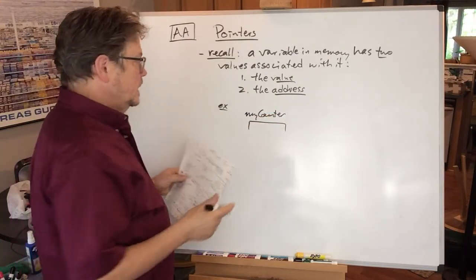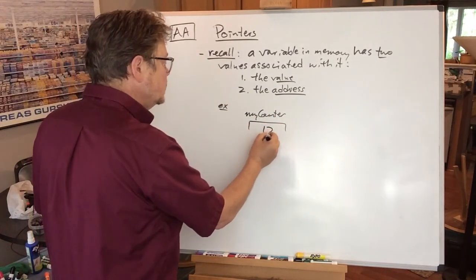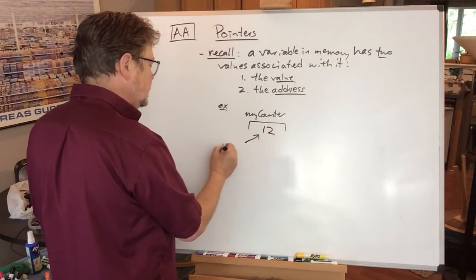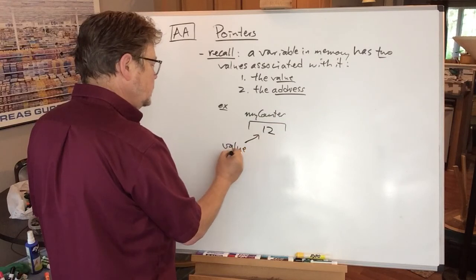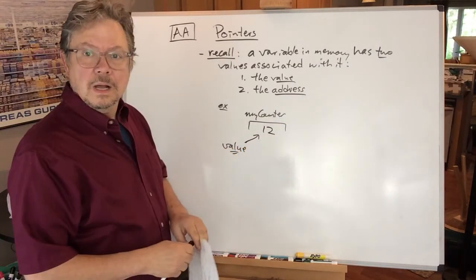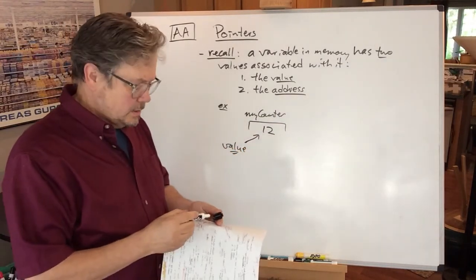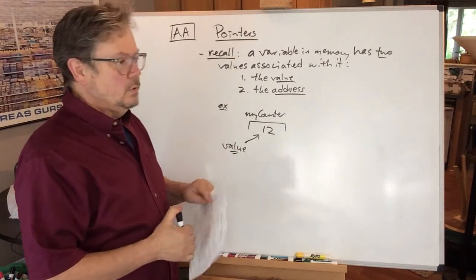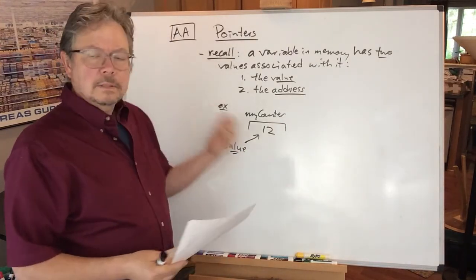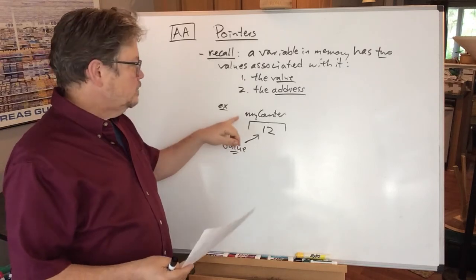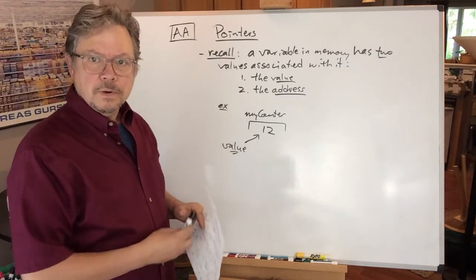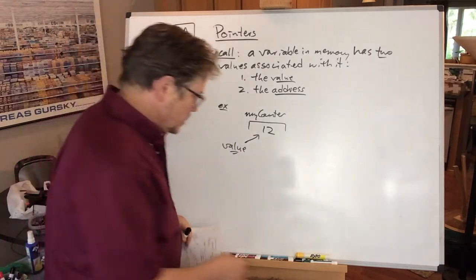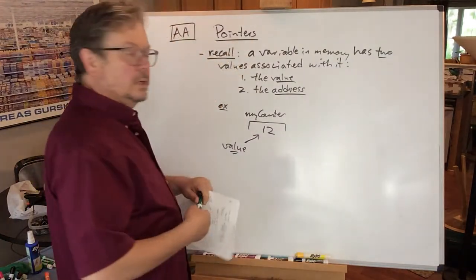But let's say myCounter currently has value 12, and I will label it as such. Value. It's got a variable name, but here's the deal. I don't even know if I should go there, but I'll go there. By the time your program's translated to machine language, myCounter is long gone. Your variable is represented entirely by its address. So the addresses are really important.